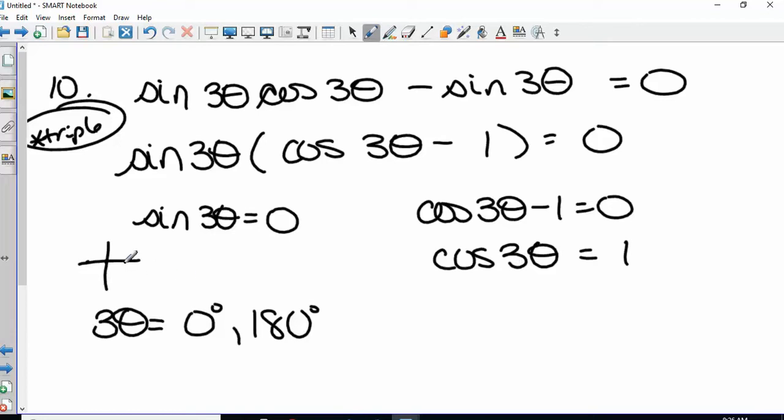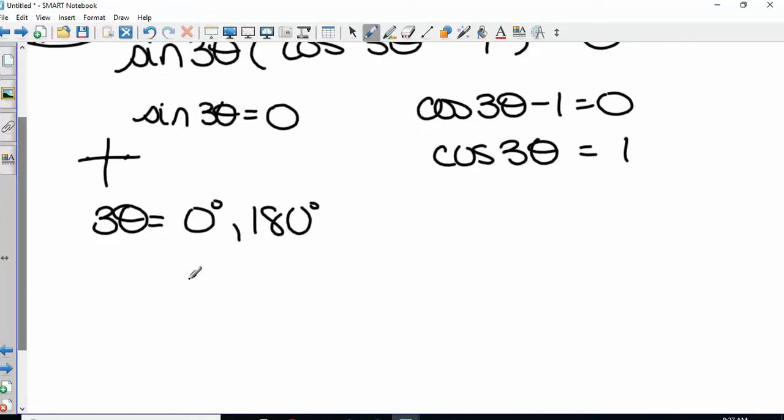When is cosine 1? It's positive 1 at 0, negative 1 at 180. But we already have 0, so we don't have to list it again. So these are the only two, but I want triple the solutions. So 2 times 3 tells me we have 6 total.